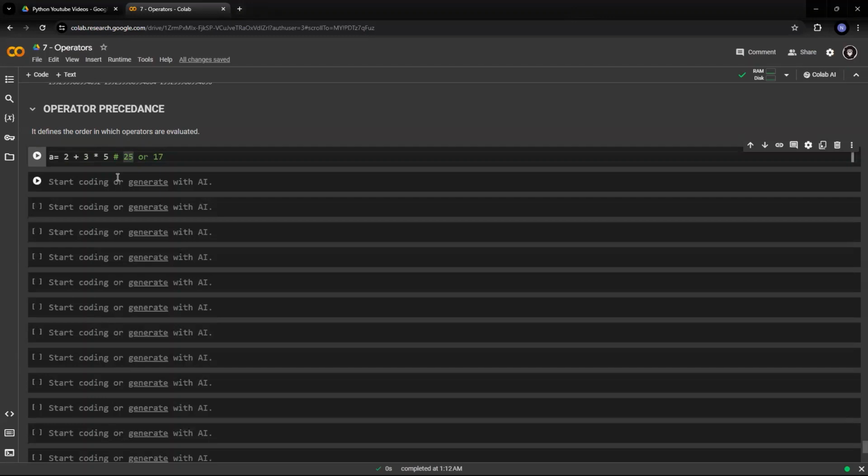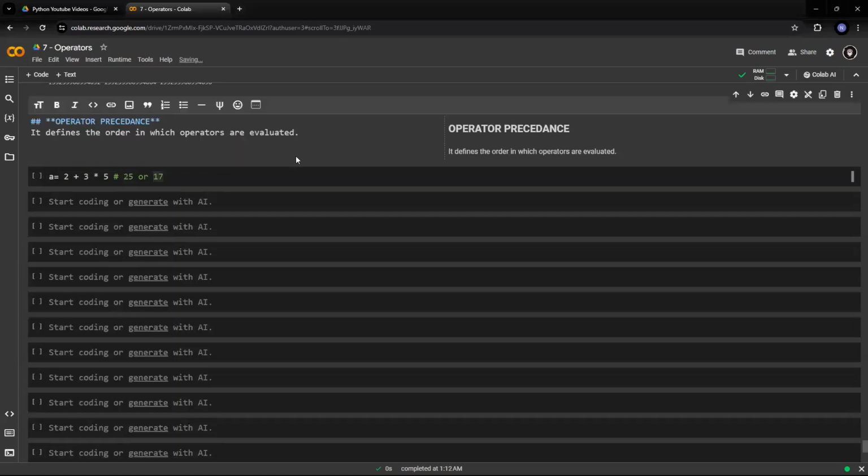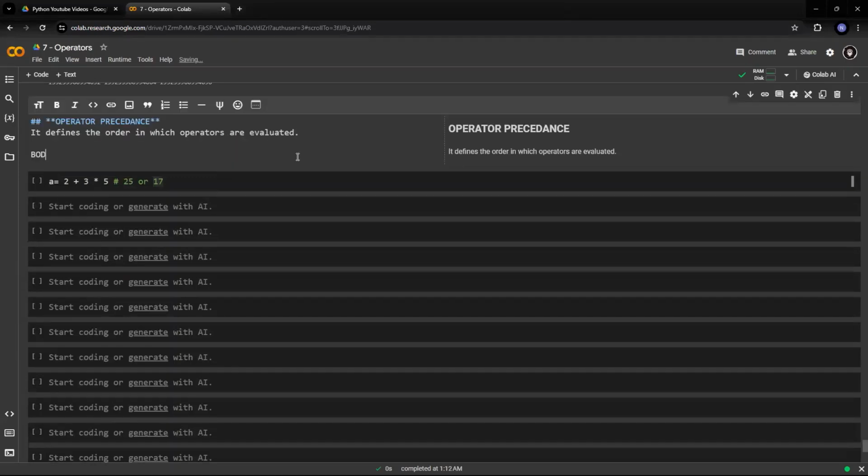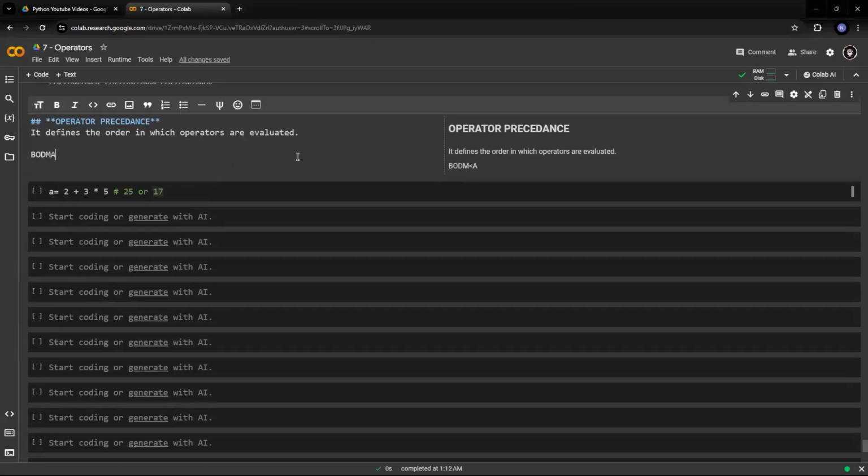So if we consider only arithmetic operators in Python, the traditional BODMAS applies.